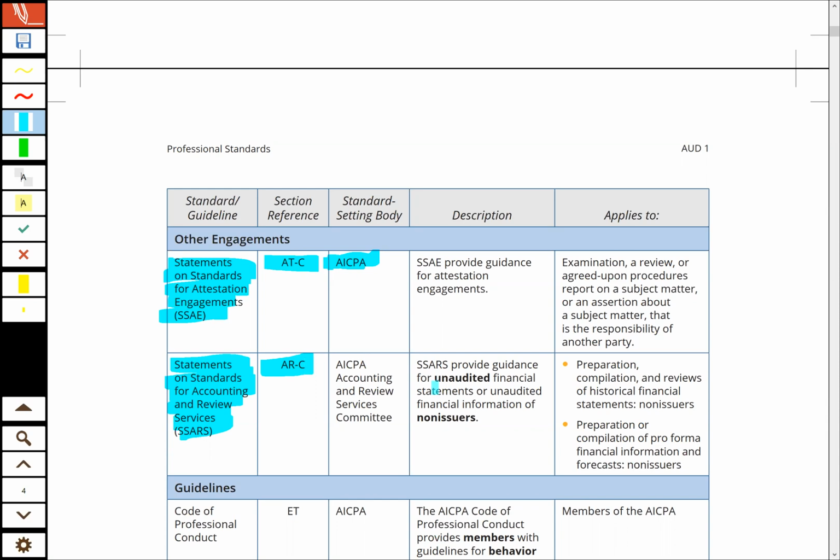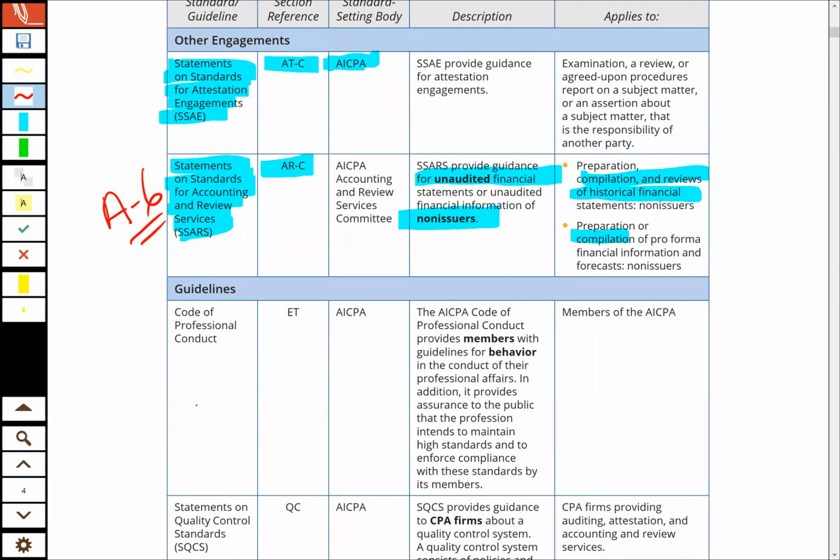So that comes up when we haven't audited information, and these apply to non-issuers. Typically we're not going to give this type of assurance for issuers, so we would do that for non-issuers. And you can see the nature of some of the engagements, okay, compilation, review, etc. This will be much later on in Audit 6.